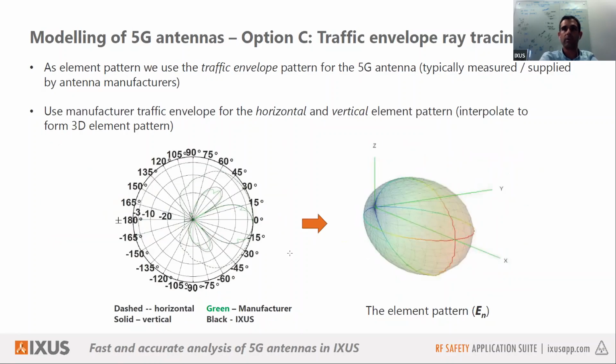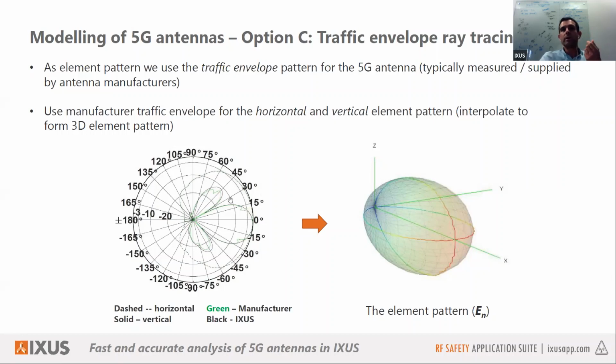Now, if you look closely, you will see the green pattern over here, which is the pattern supplied by the manufacturer. The solid line is the vertical pattern, and you can definitely make out some distinct lobes. That means that is where this traffic beam has been steered towards during the measurement phase of the particular model by the manufacturer. So they have this data available, and we ask for this data.